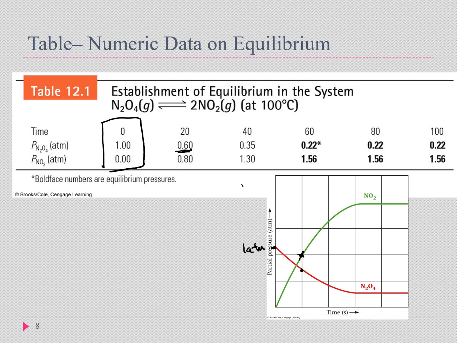Continuing along, as the pressure of our N2O4 continues to decrease, the pressure of our NO2 increases. That's going to continue to happen until we reach equilibrium.